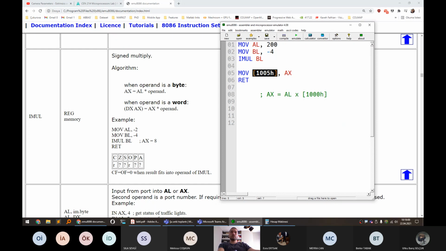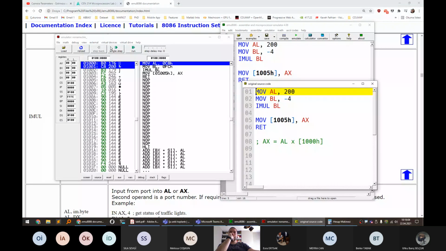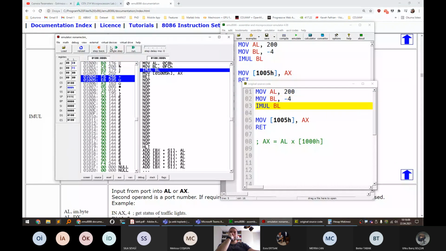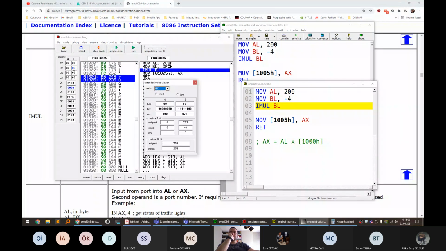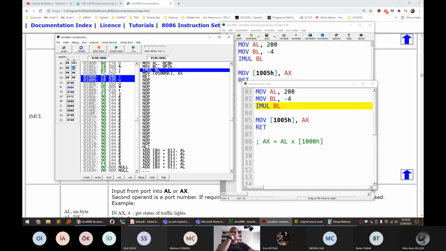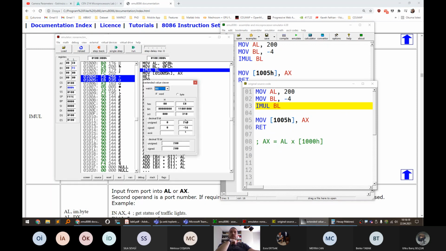And we put AX into here. 200, minus 4. This is minus 4, a signed value. Yep. 200. This is 200.